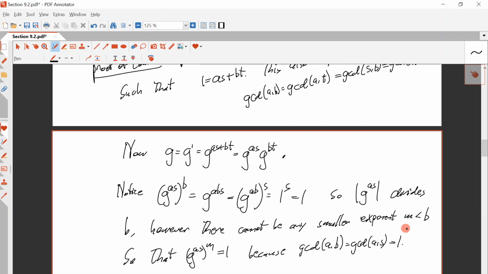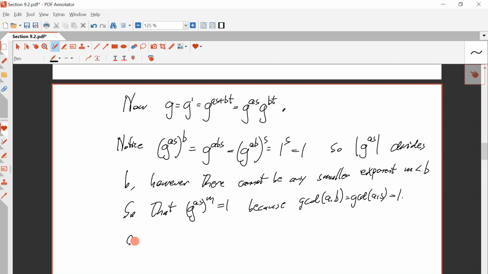Okay? So the order of G to the AS equals B. And similarly, the order of G to the BT is A. Right?